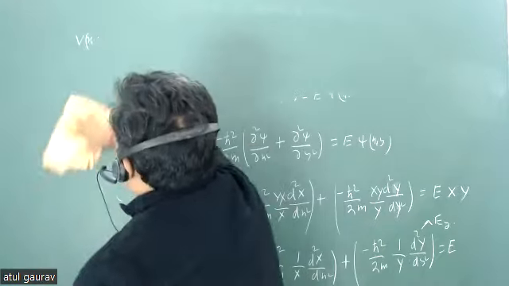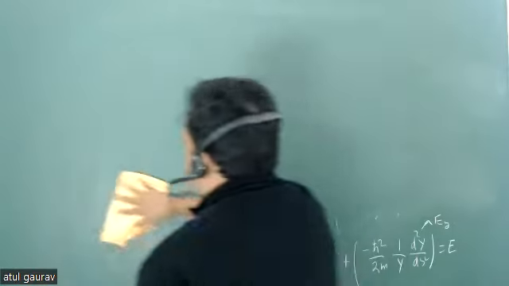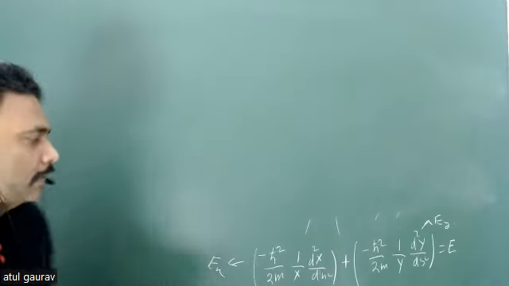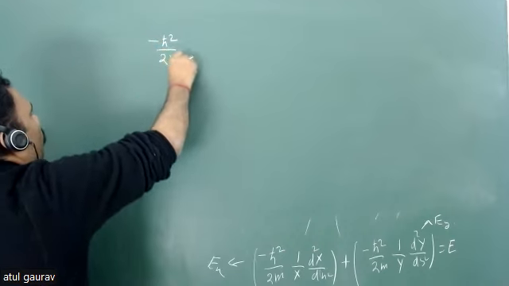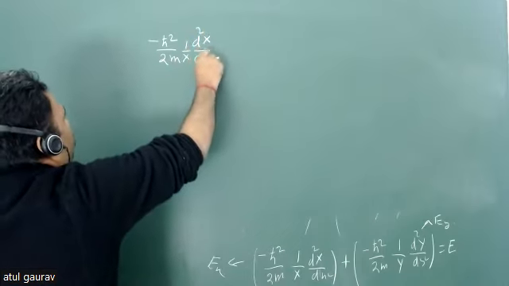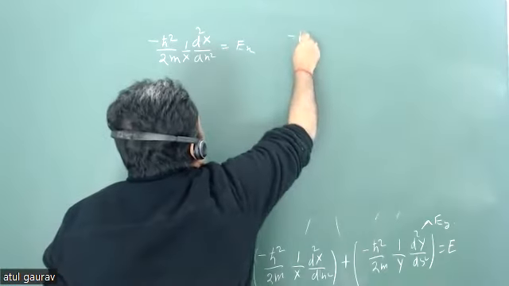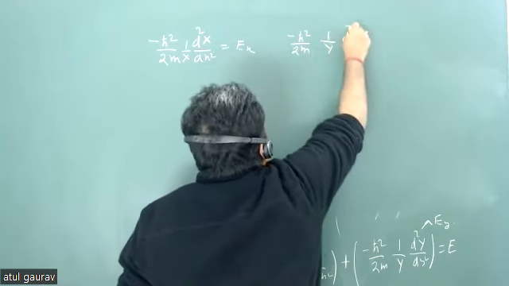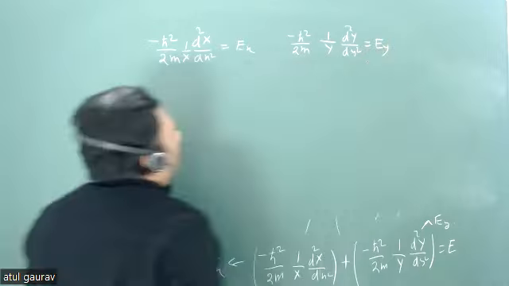That's a very simple derivation. So we can put minus ħ squared upon 2m, 1 upon X, d squared X upon dx squared equal to Ex, and similarly minus ħ squared upon 2m, 1 upon Y, d squared Y upon dy squared equal to Ey.